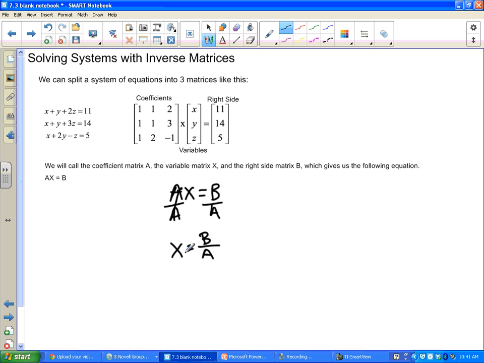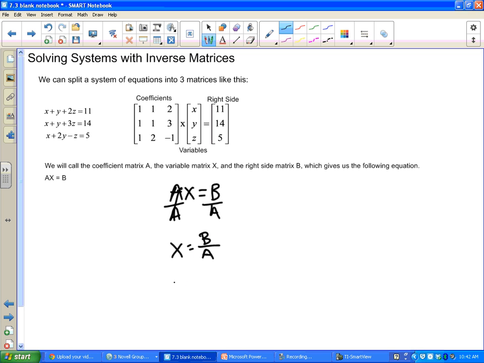But I can't divide matrices. All I can do is I can add them, I can multiply them by a scalar, that's about it. I can multiply two matrices together, I can add matrices, and I can multiply by a scalar.